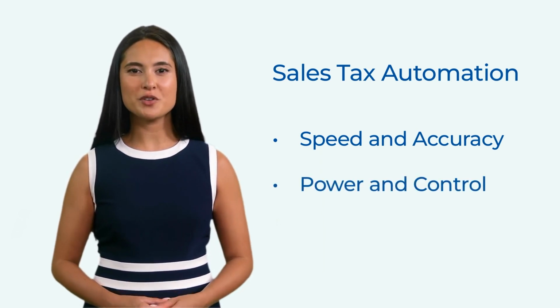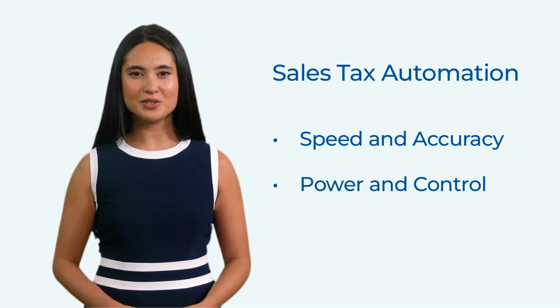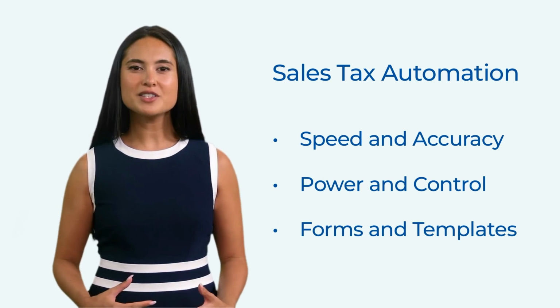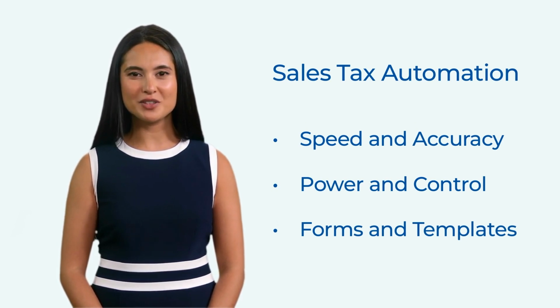Power and control. The power behind these systems lies in their ability to automatically detect different types of products or services being purchased and then adjust rates accordingly. Forms and templates. In addition to providing accurate calculations, automated systems also offer features such as pre-filled forms for filing returns with the necessary agencies.